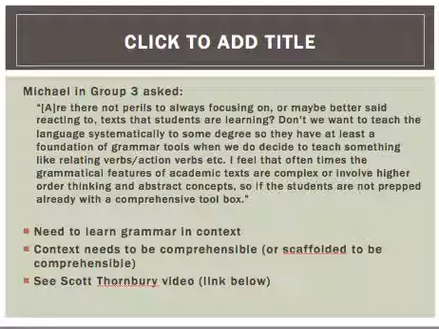For me, a few of the bottom lines are that grammar needs to be learned in context. We just can't teach students decontextualized, isolated bits of grammar and expect it to stick with them. We also remember from a systemic functional grammar perspective that the grammar choices we make will change depending on the genre, the context, and the register.